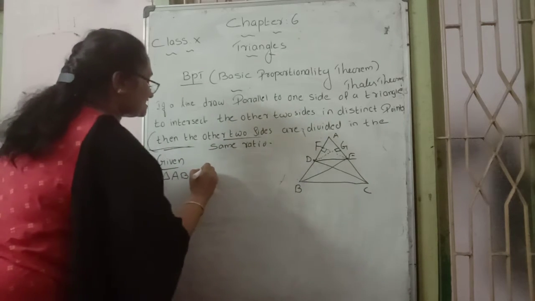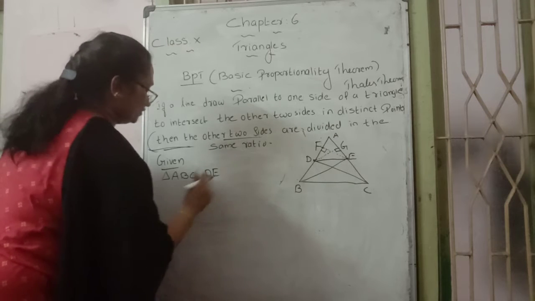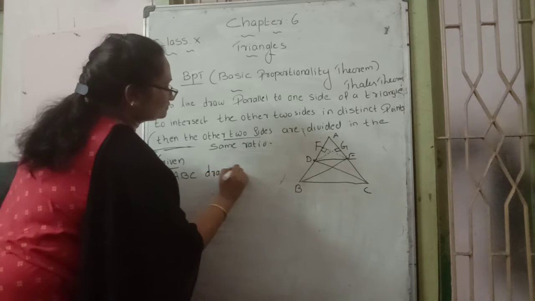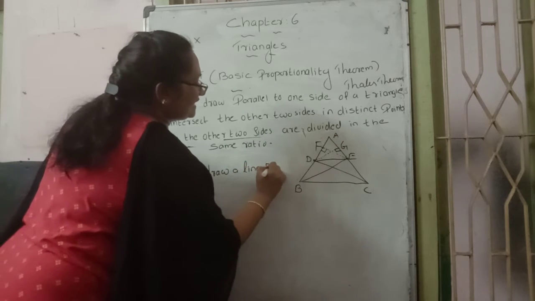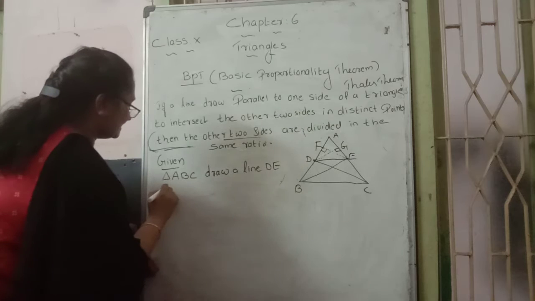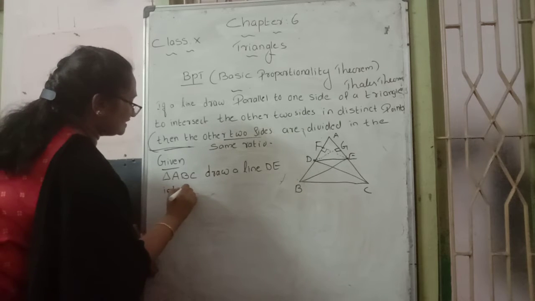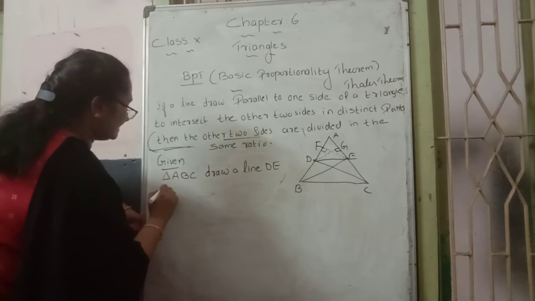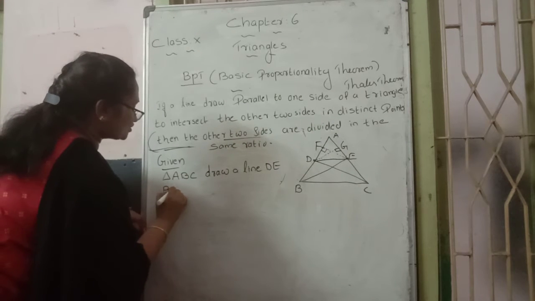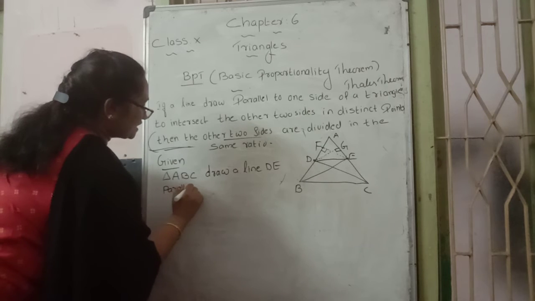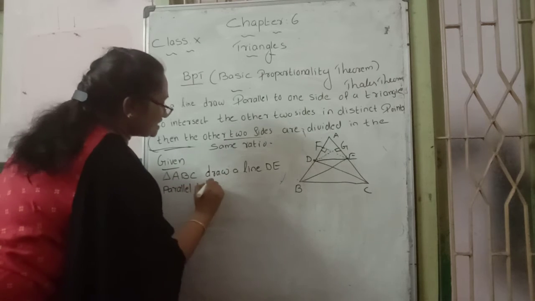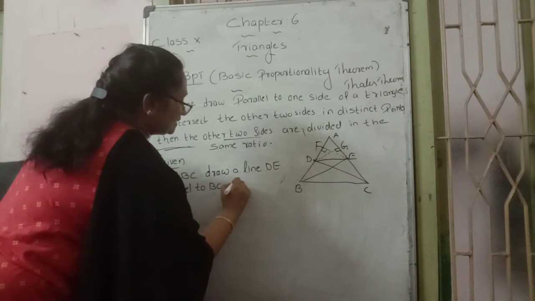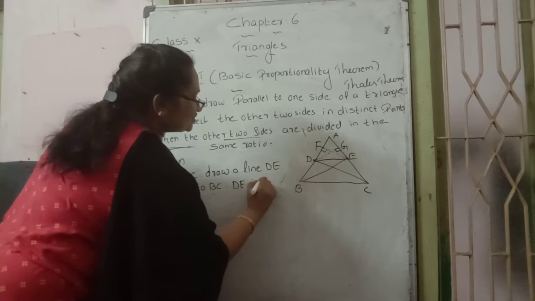In triangle ABC, draw a line DE. They have given that it is parallel: draw a line DE, and DE is parallel to which side? The other side, parallel to BC.